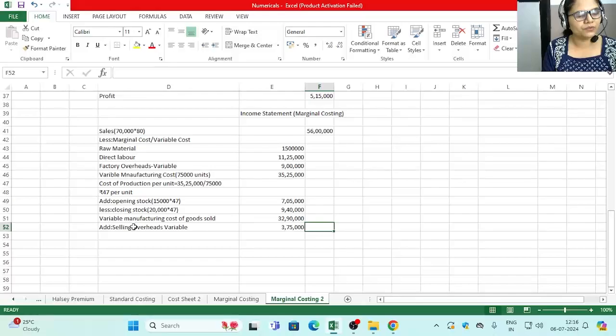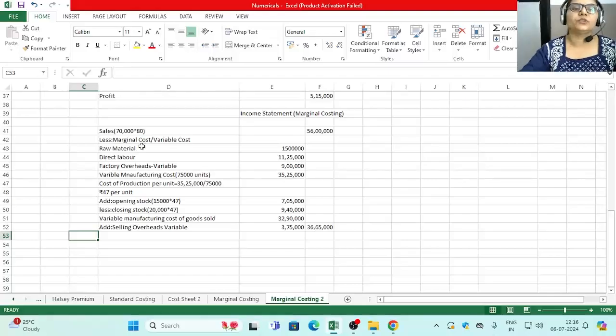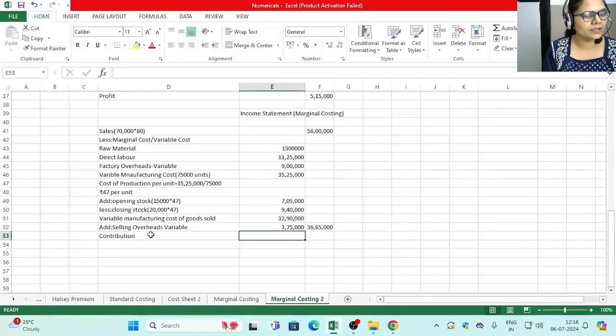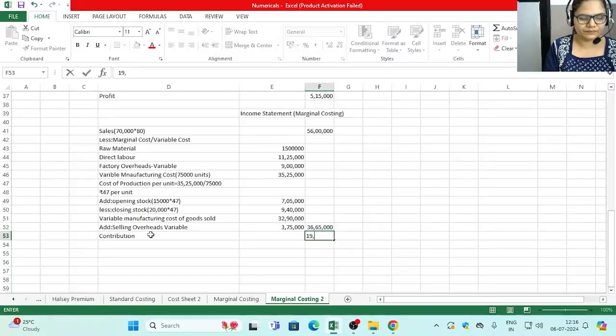After adjusting these values, you will get the value of 36 lakh 65,000. And finally, when you deduct all sort of variable cost from sales, you will get the contribution. Contribution is 19 lakh 35,000. Okay.